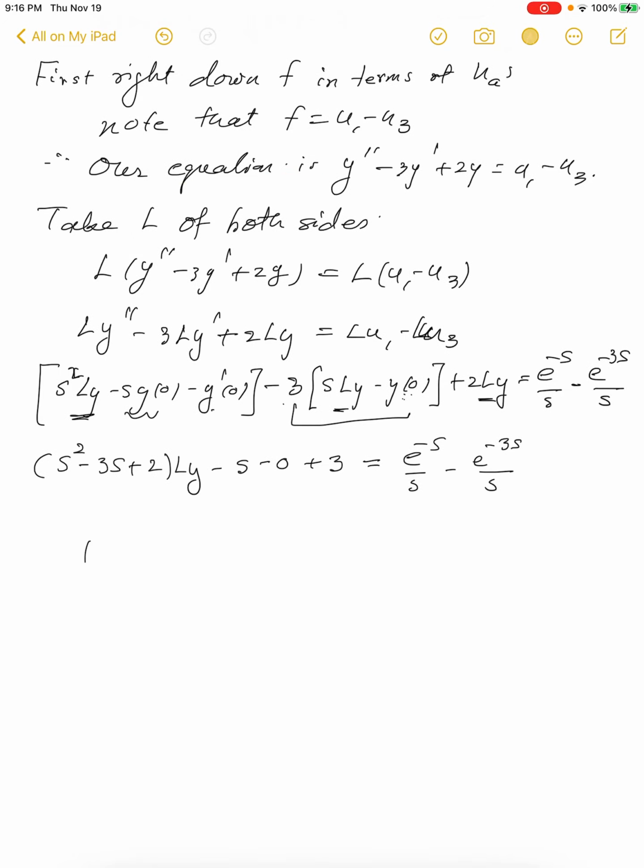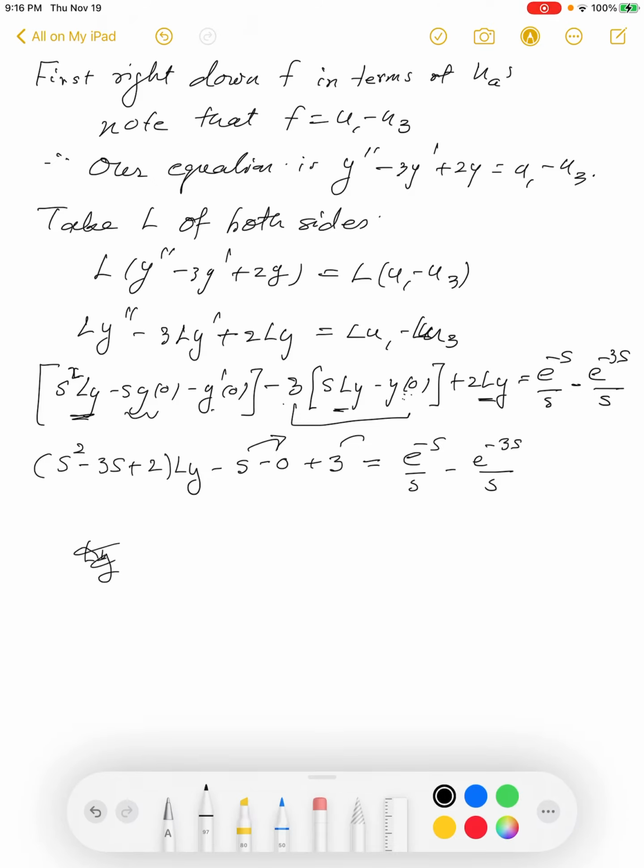So now you just solve. This is an algebraic equation in L y. So I move this 3 and s on the right side. So maybe I will take one more step to write this. So I get s squared minus 3s plus 2 times L y equal to s minus 3 plus e to the minus s by s minus e to the minus 3s by s.